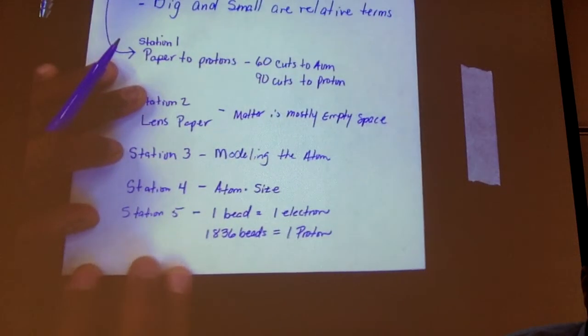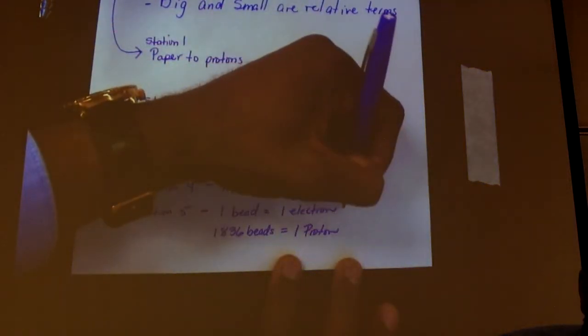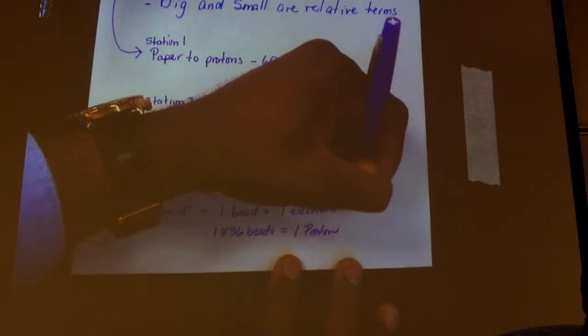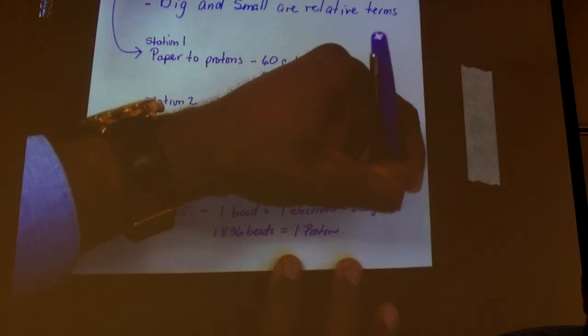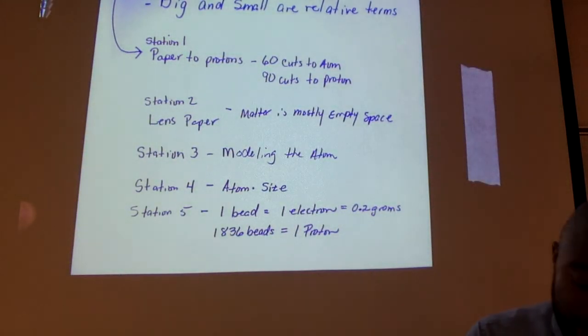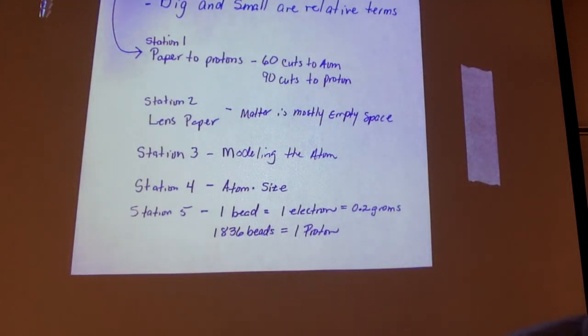If one bead is 0.2 grams, then you had to calculate what number of grams 1,836 beads would be.